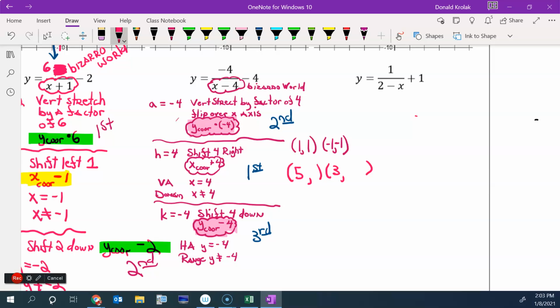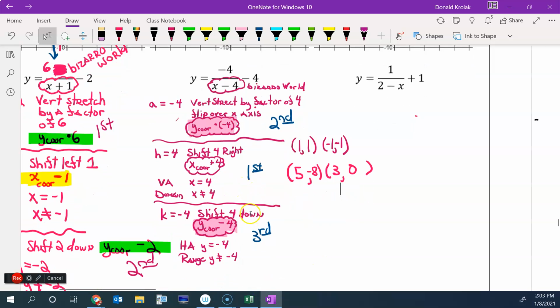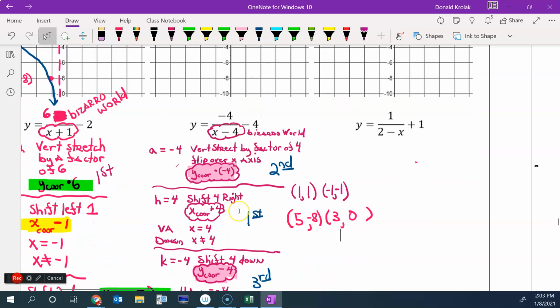Multiply by -4, subtract 4, -8. Okay. Multiply by -4, that would give me +4, subtract 4, okay, and then we just graph.